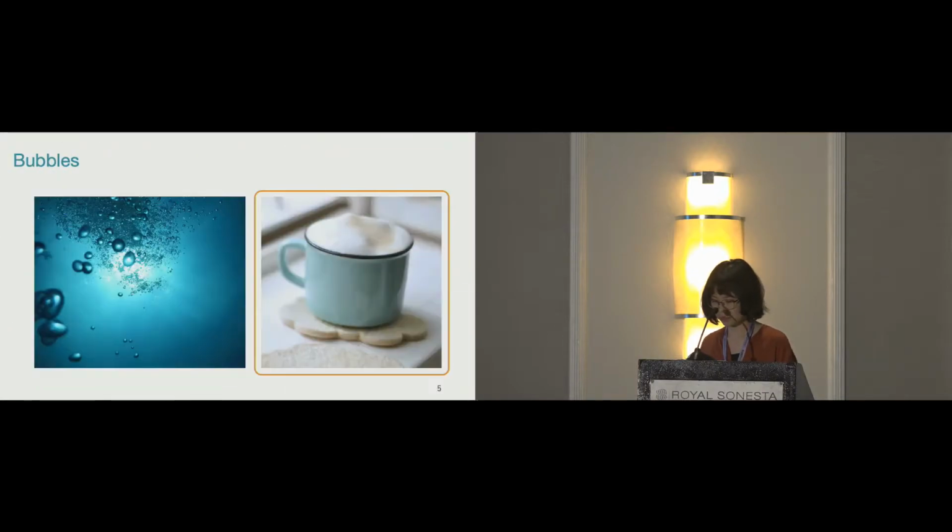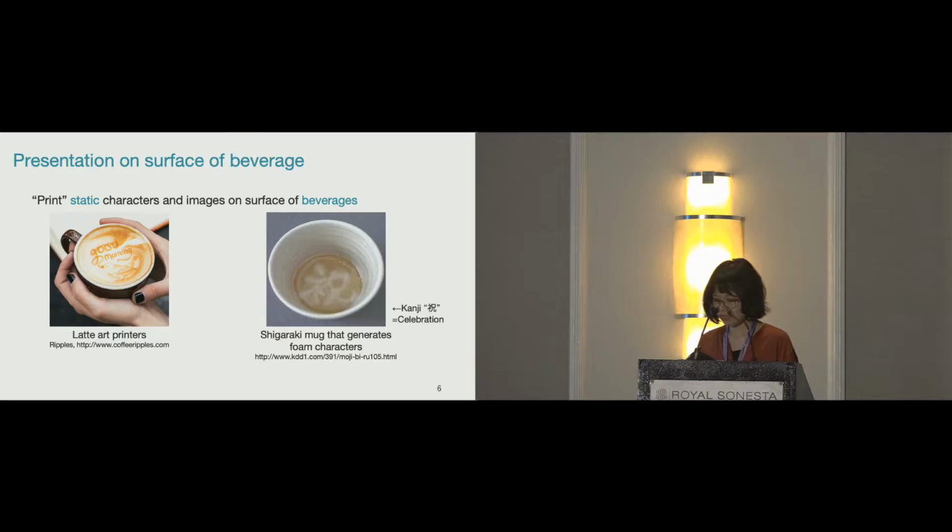On the other hand, there are several examples of presenting information on the surface of beverages using bubbles. There are examples of printing static information on the surface of beverages. Ripple providing device prints static characters and images on the foam surface of beverages, such as coffee, beer, and cocktails, according to a command from a smartphone application.